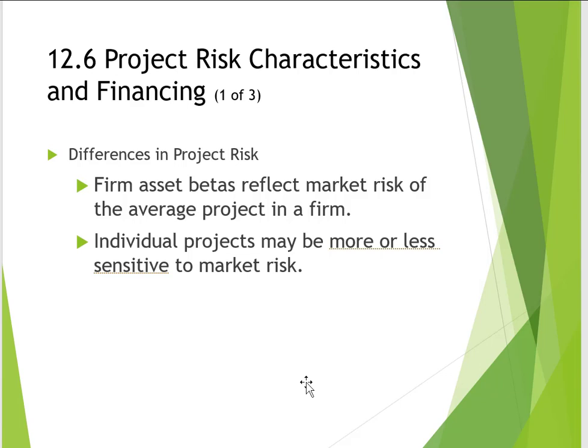When we're talking about project risk characteristics, we need to understand that there are vast differences in the projects done in any company. Some segments of a company may have been around for a very long time. They're involved in very stable, very mature industries. And other segments of the company may be something totally different.